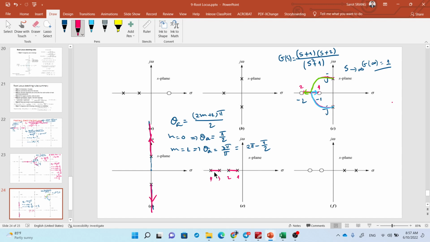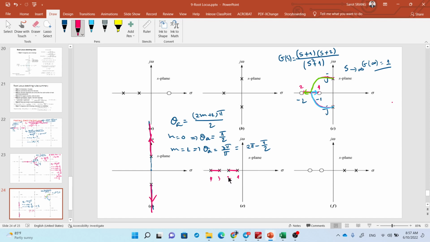Because infinite zero, we have four infinite zero. Or the easiest way maybe to think: number of finite poles minus number of finite zero. You don't have finite zero, and you have four finite poles. Four minus zero is four, so four asymptotes.